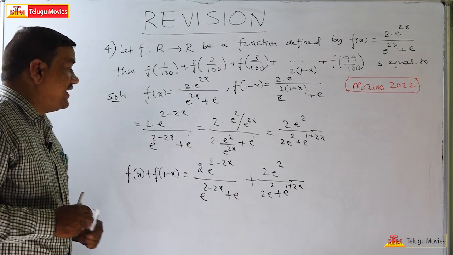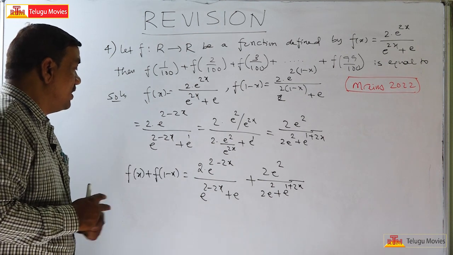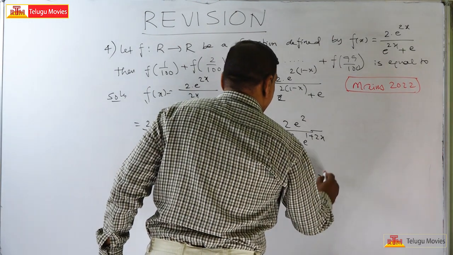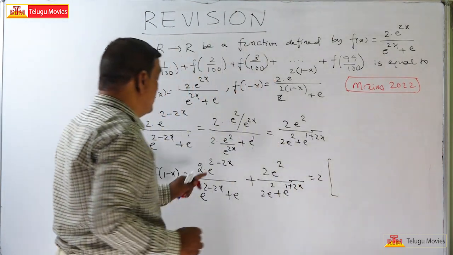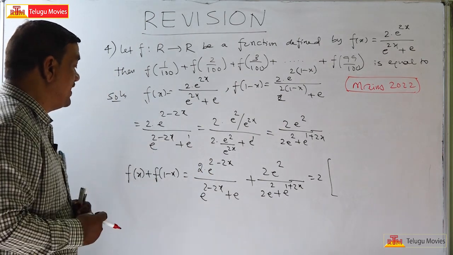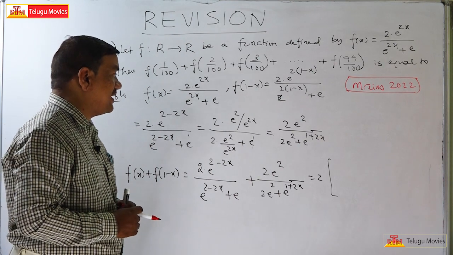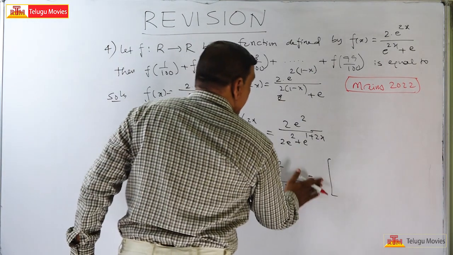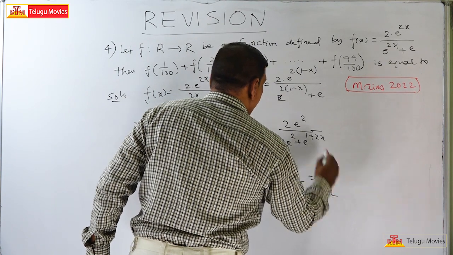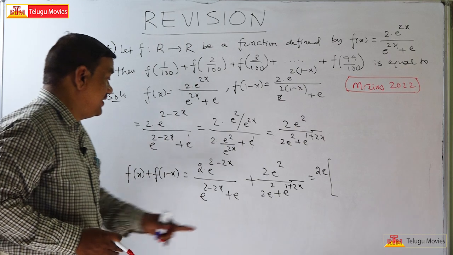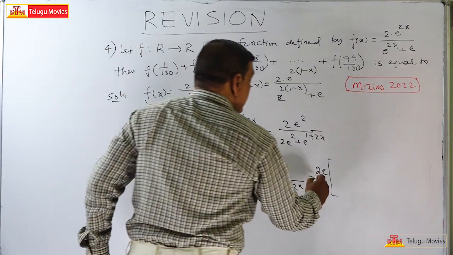We can take 2 common outside. In the numerator, we take 2e common outside, and in the denominator, we take e common outside.